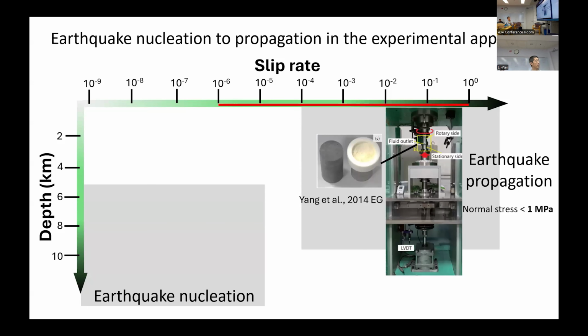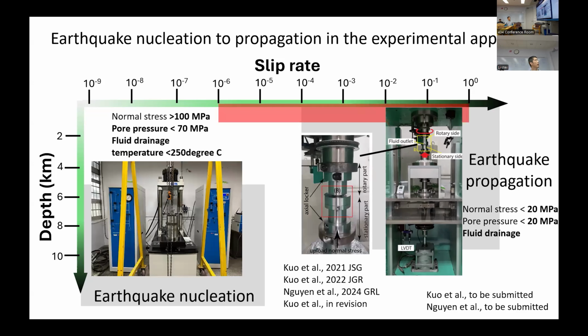Before I came back to NCU, they did shear gouge experiments at very low normal stress, 1 megapascal, a pretty good apparatus for landsliding, rock landsliding. But after we came back, we designed a sample holder here. It's for gouge, high normal stress, and fluid drainage conditions.